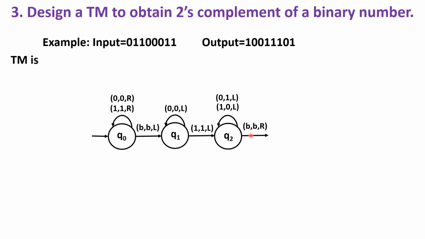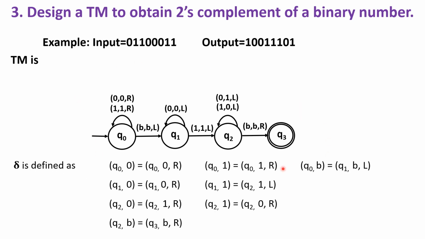So once you come across a blank, then just move towards the right and change the state to Q3, which is a final state. So this is the Turing machine designed to obtain 2's complement of a binary number.